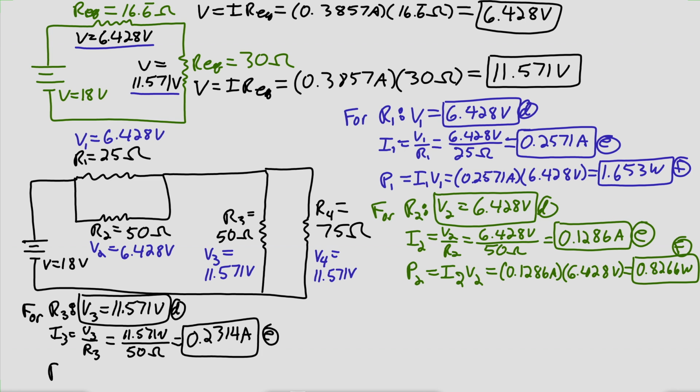And then finally P3 will be I3 times V3. So 0.2314 amps times V3, 11.571 volts.